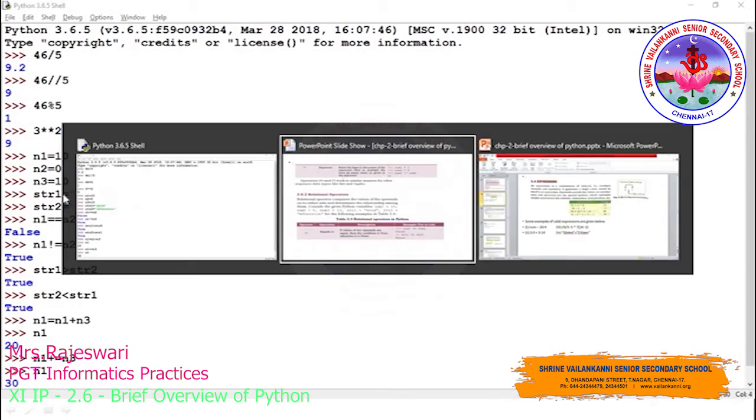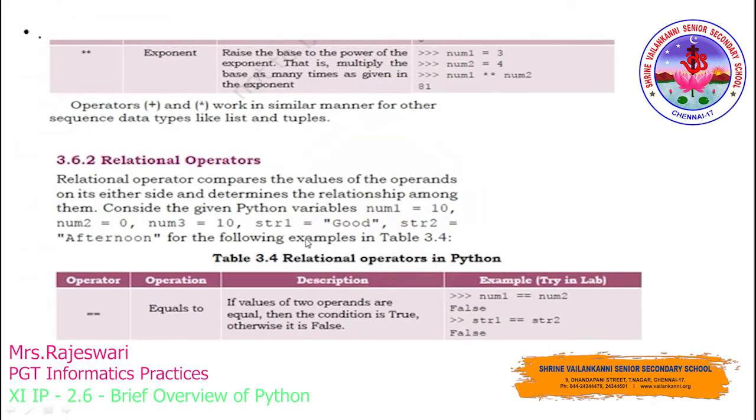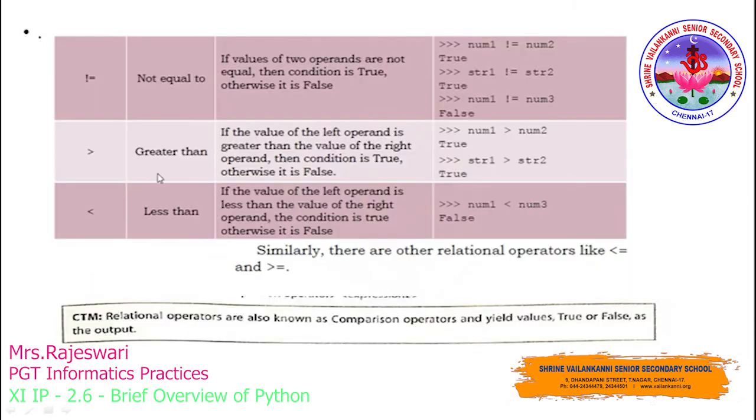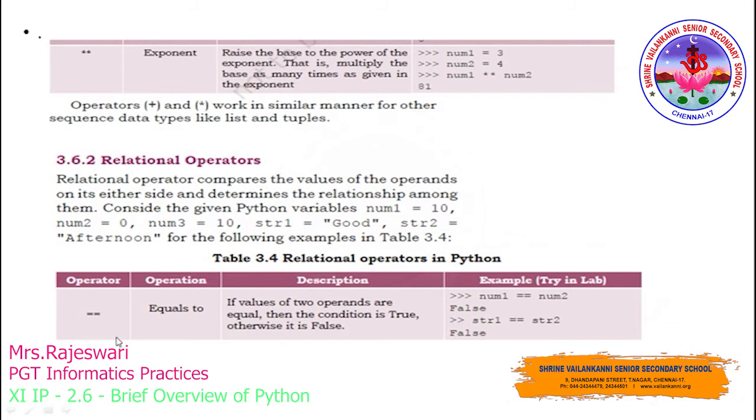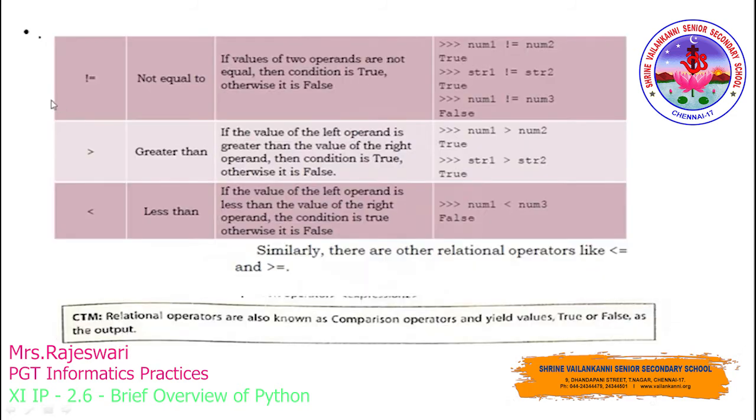Before that, I'll show you what operators are available: less than, greater than, less than or equal to, greater than or equal to, double equal to, and not equal to. So in total you have 6 relational operators. Using these 6 relational operators, you will check whether the answer is true or false.